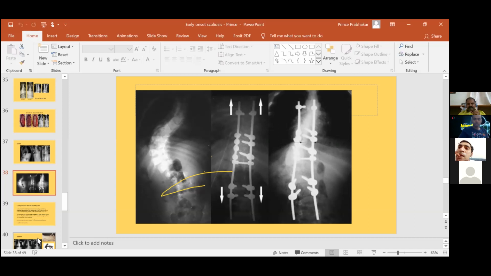The thing is, they say you don't have to completely lock it like we do as a final tightening. The thread goes into it, but you don't lock it, so then it slides. Usually with the systems, I'm not sure about the local systems, but Medtronic and others like Globus, they don't come out.